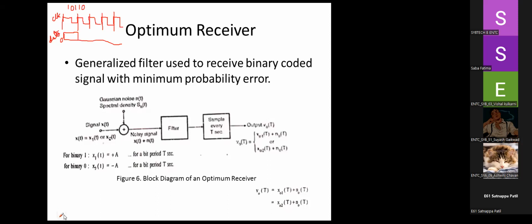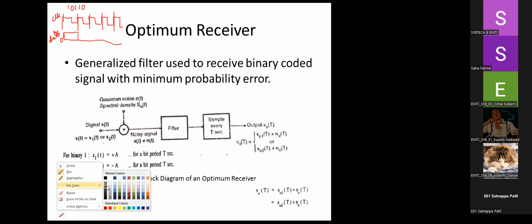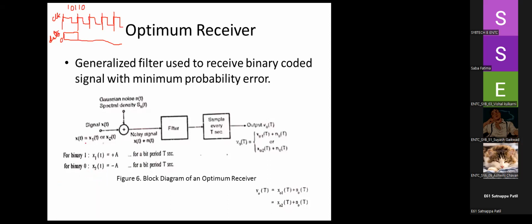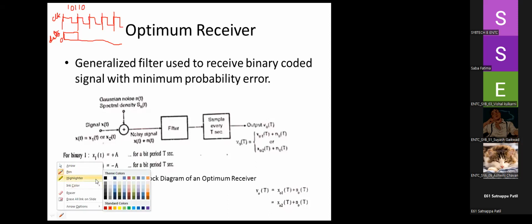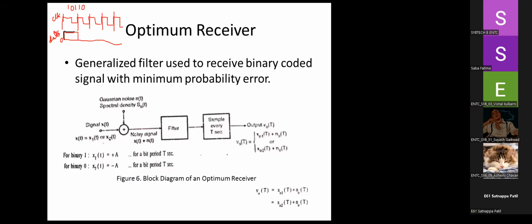So this is 1, then 0, then again we have 1, and then 1 again, and then for the next clock cycle 0, right?